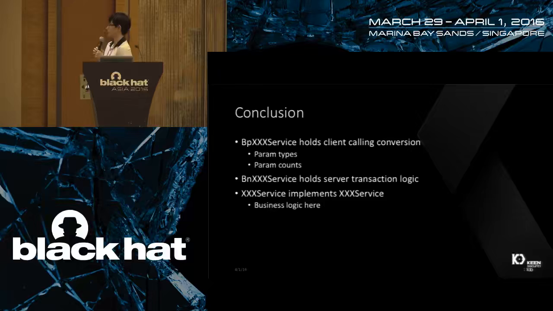So we can reach a conclusion here that BP services, like BpCrypto or BpHDCP, all kinds of these services in Android, hold a client calling convention that describes which kind of parameters and how many parameters will be passed by Parcel.write32, Parcel.writeString, writeLong, or other primitive types.